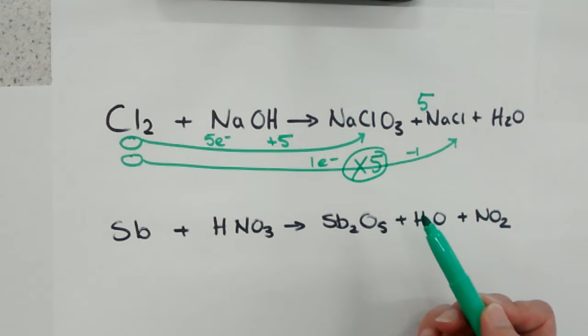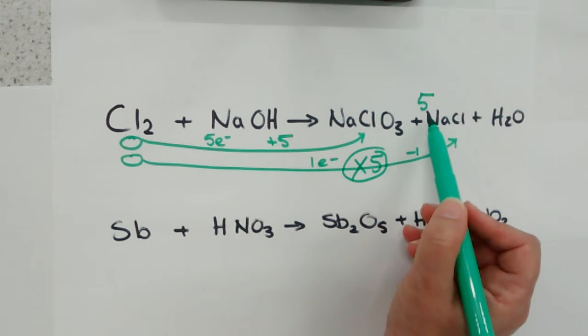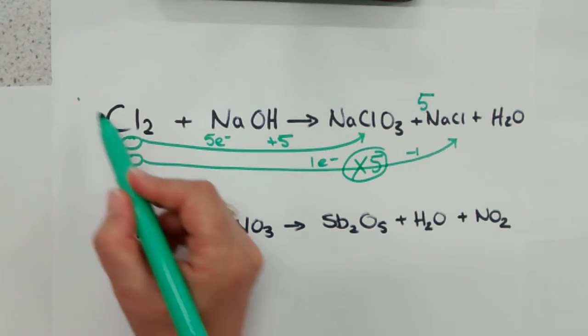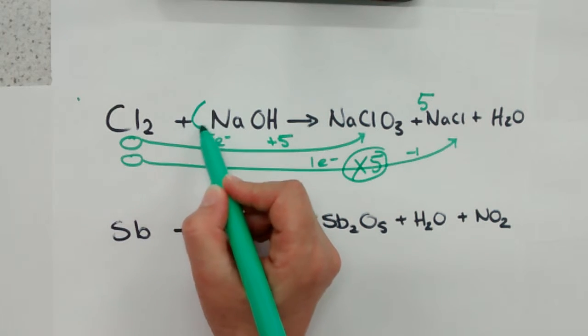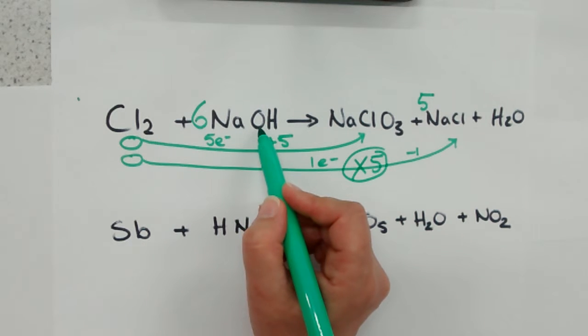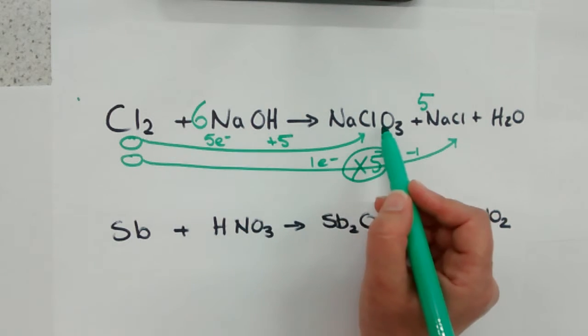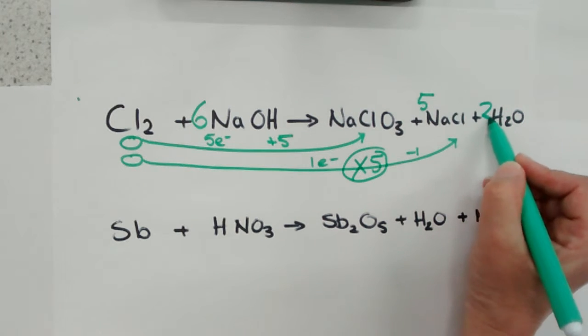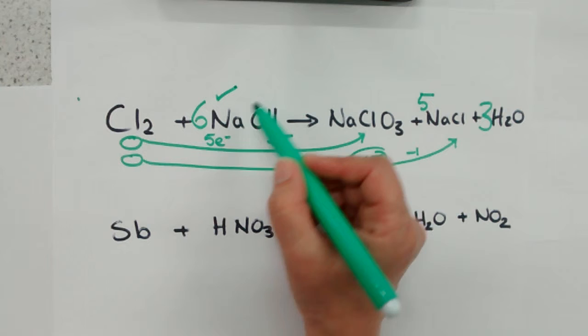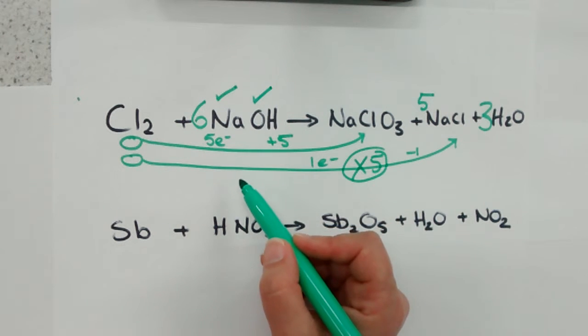Having done that, everything else falls into place after it, because that gives us 6 sodiums, which means we need a 6 in front of there. That means I need 6 oxygens. I've got 3 there, so I need 3 there. So my sodiums are okay now, my oxygens are okay now.